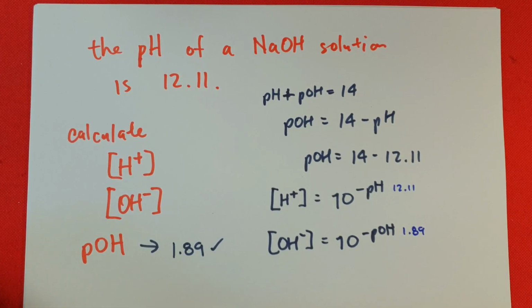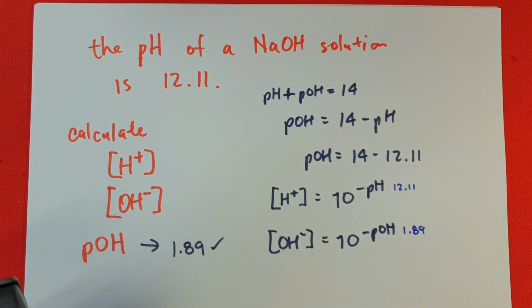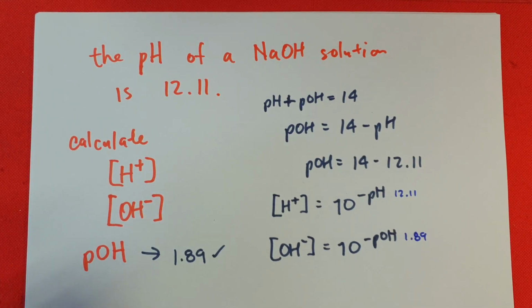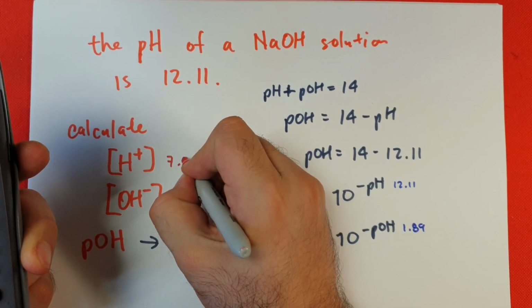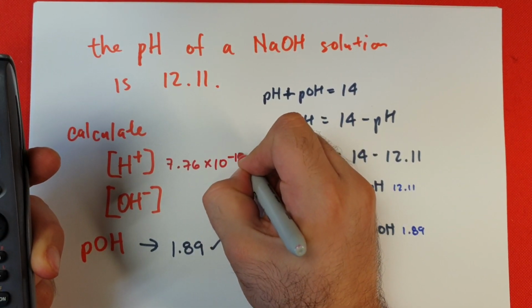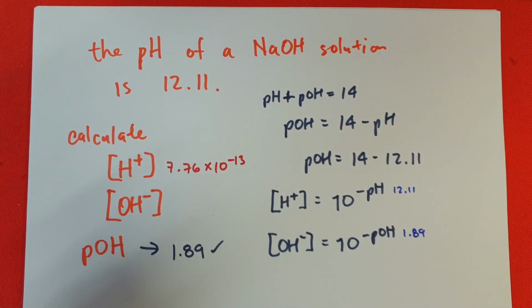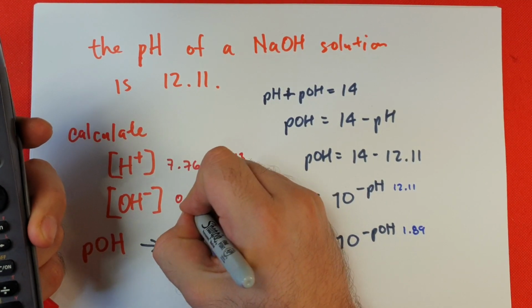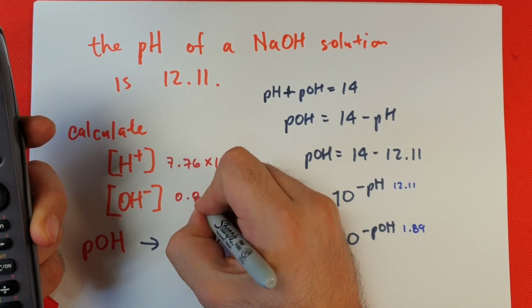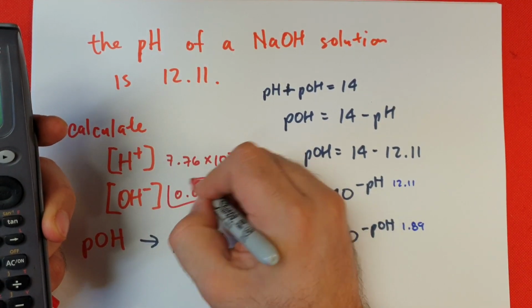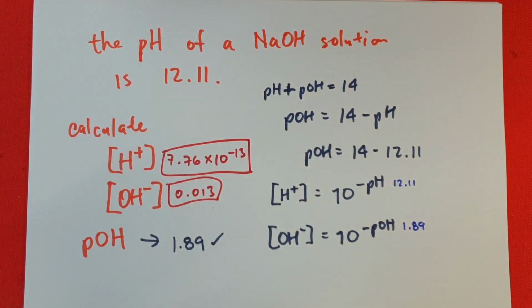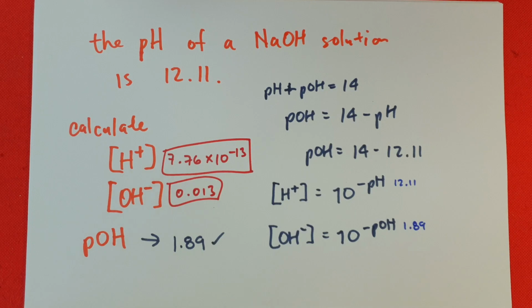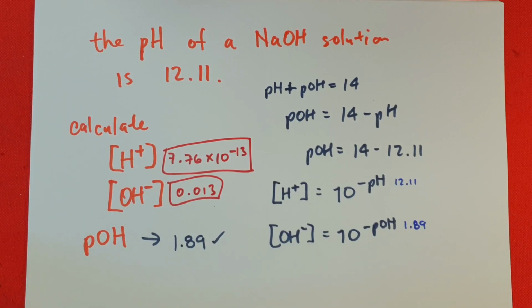So we plug into the calculator 10 to the negative 12.11, and that gives us a rounded answer of 7.76 times 10 to the negative 13. And 10 to the negative 1.89 gives us a concentration of 0.013. Okay? These are our concentrations. So that's a basic, simple tutorial on very basic, very simple pH problems.